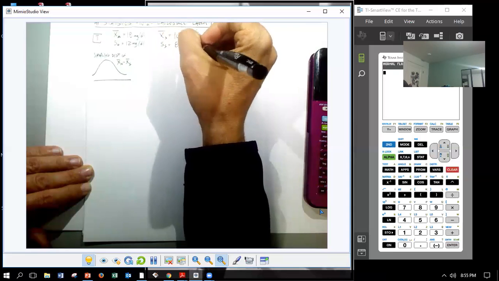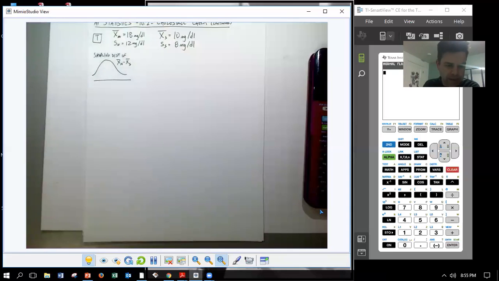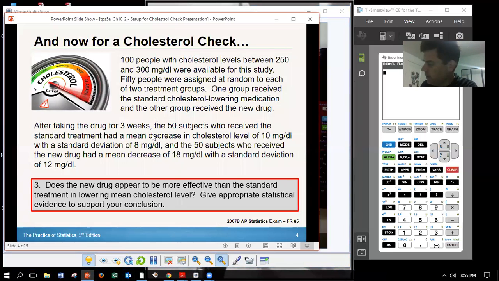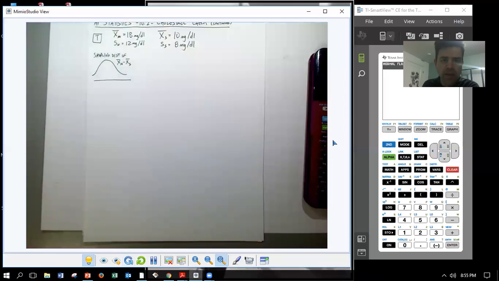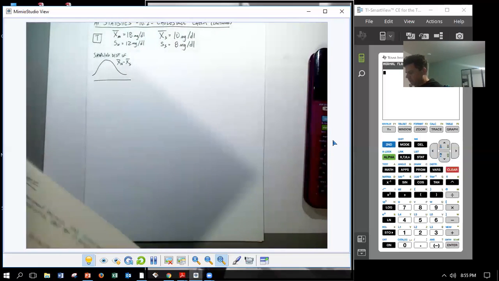A whole bunch of symbols to keep going around there, okay? And again, going back to our PowerPoint slide, we just saw that right here. So we have our 18 and our 12 for our new drug, and then we had our 50 subjects, and we had the standard drug, which was 10 and 8. So that's going to be some good stuff to work with here. We're going to need those numbers for ourselves.